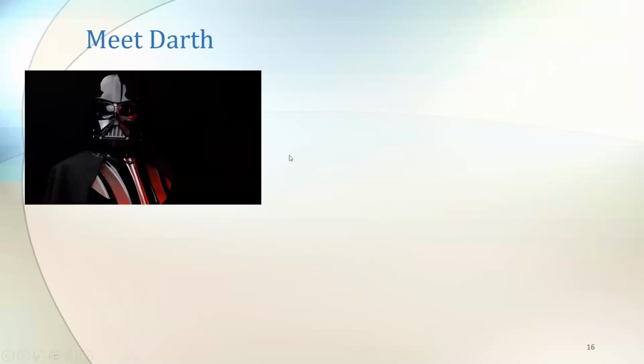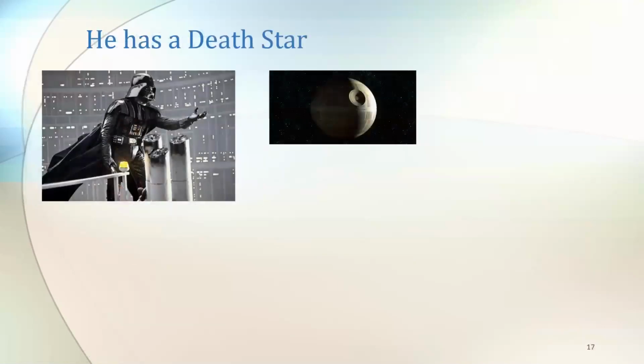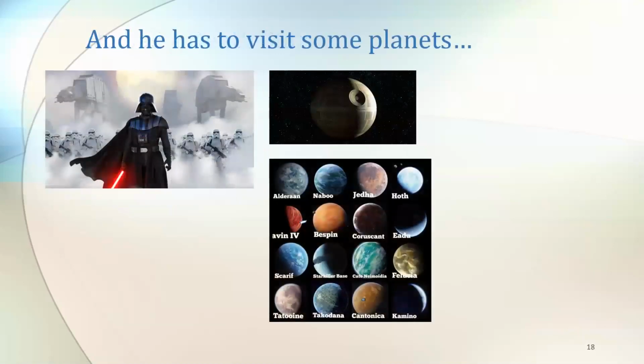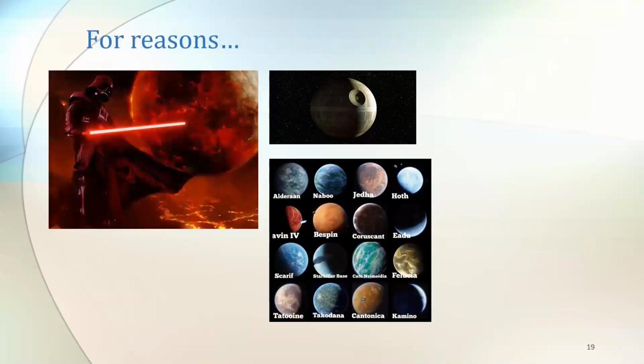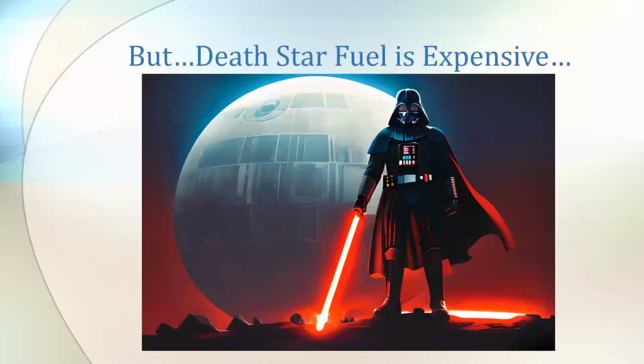All right. So I decided to use my friend here. Right? Midas. We have a Death Star. And we would like to visit some planets for reasons. Okay? Good idea. Unfortunately, fuel is expensive.